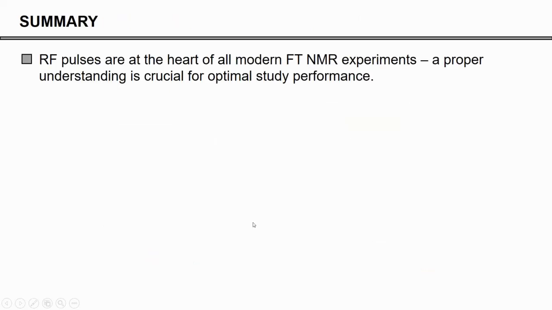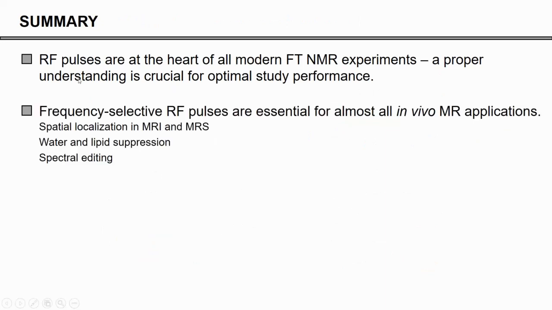So to wrap up, RF pulses are really at the heart of all modern NMR experiments, and you really need to understand RF pulses to design an optimal study. Frequency-selective RF pulses are pretty much the most commonly used, while a square or hard RF pulse is easy to understand.